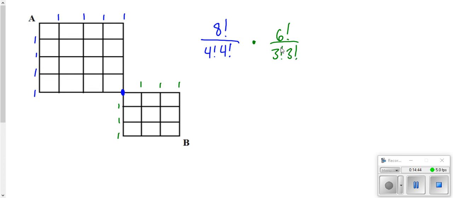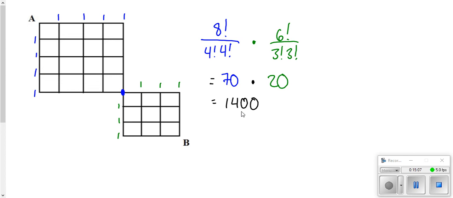And if you run this on your calculator, what do we get? We get on the left here, this here is equal to 70 multiplied by, and on the right here we would have 20. So how many different ways can we go from A to B? We have 1,400 ways to get from A to B.